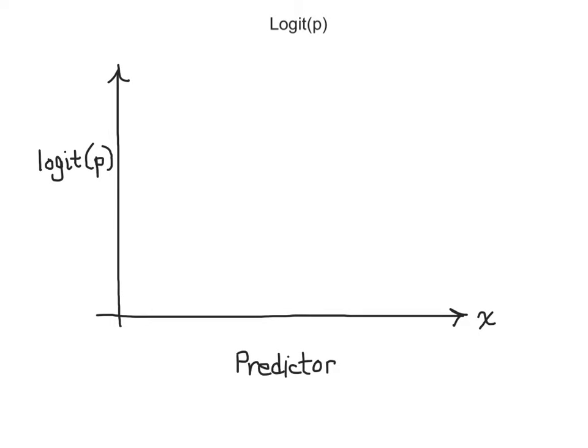The result is going to be a straight line. And that straight line is beta naught plus beta sub 1 times x, where this x is our predictor.